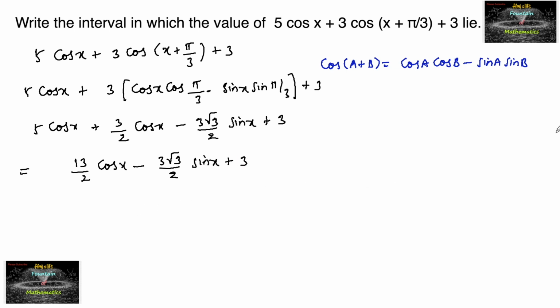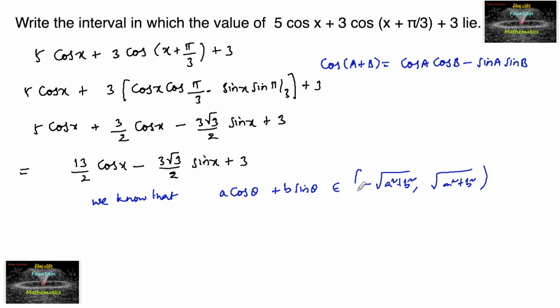And since we know that a cos theta plus b sin theta belongs to minus root over a square plus b square, comma, plus root over a square plus b square, it lies between these. So by using this concept, comparing with a cos theta plus b sin theta, here we have a is equal to 13 upon 2, b is equal to minus 3 root 3 upon 2.